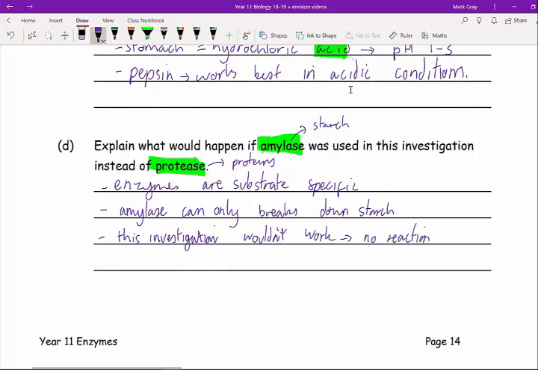And again, that is because enzymes are substrate specific, so amylase cannot break down protein.